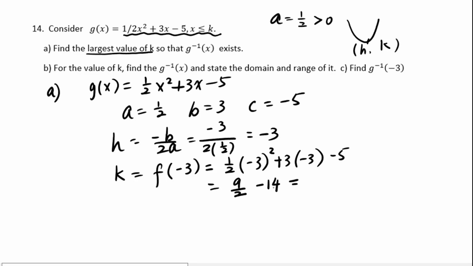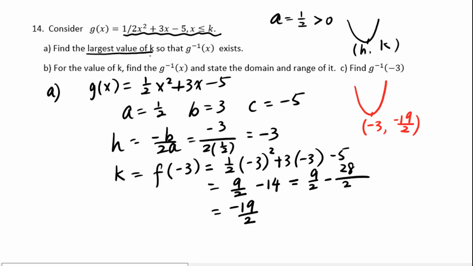So we have 9 over 2 minus 28 over 2 equals negative 19 over 2. For this graph, the vertex is negative 3, negative 19 over 2.